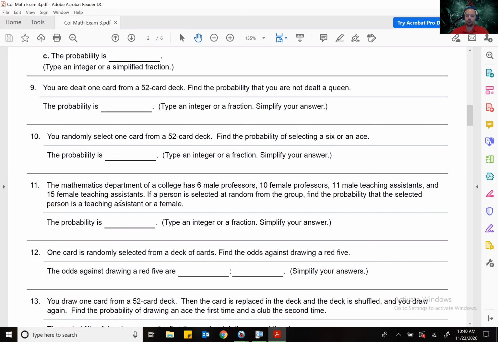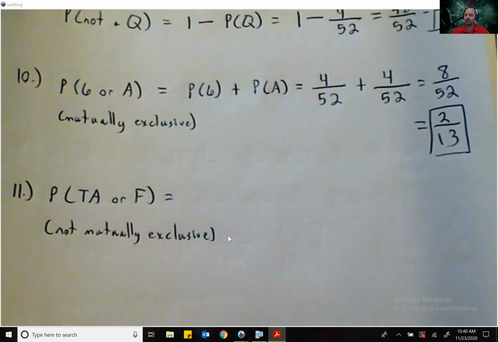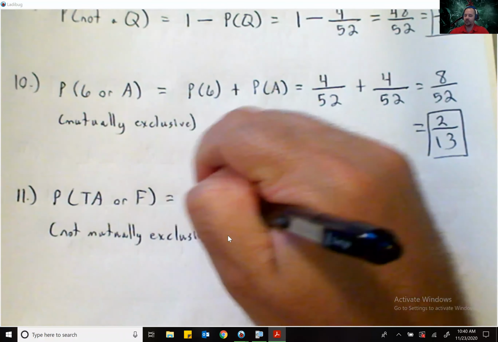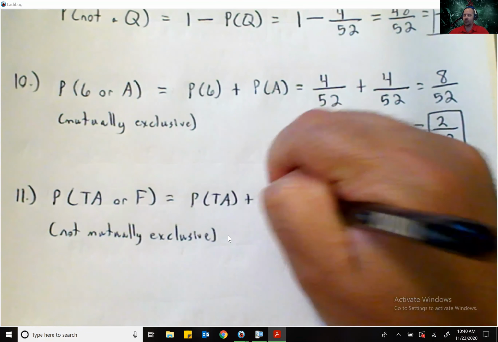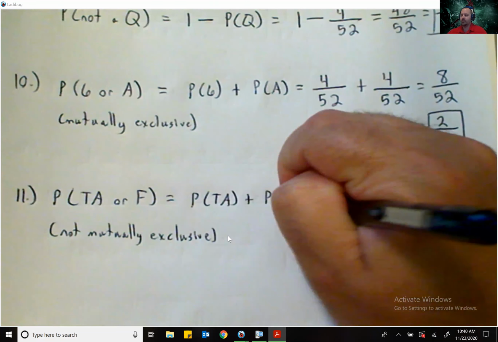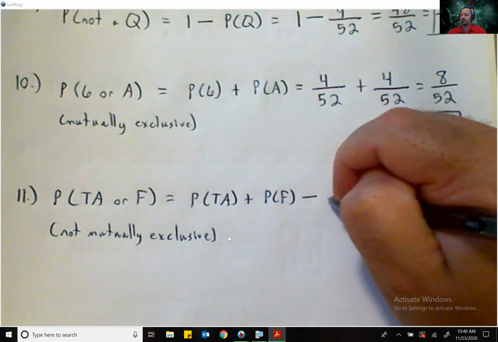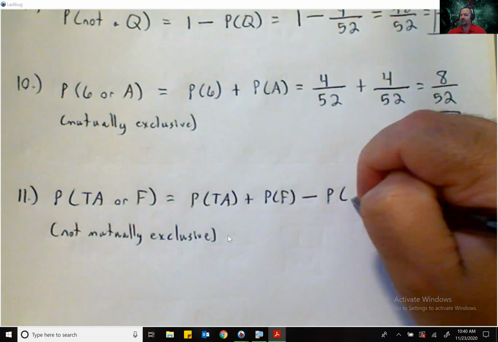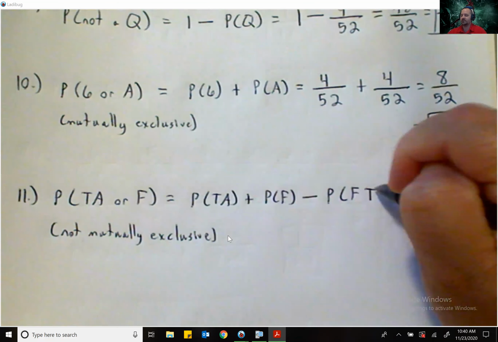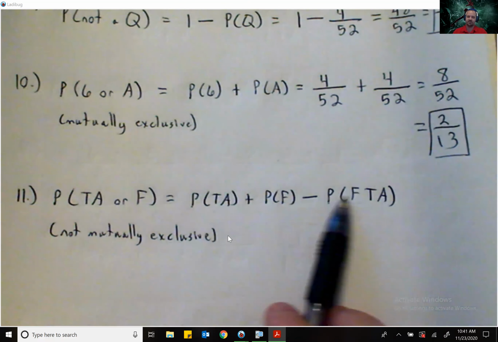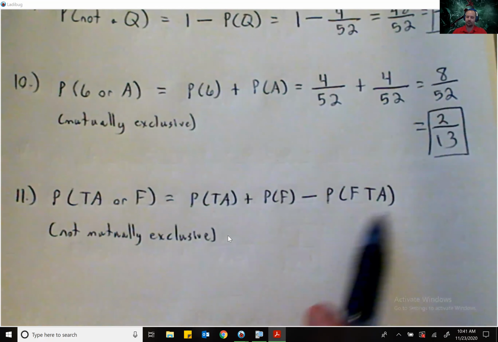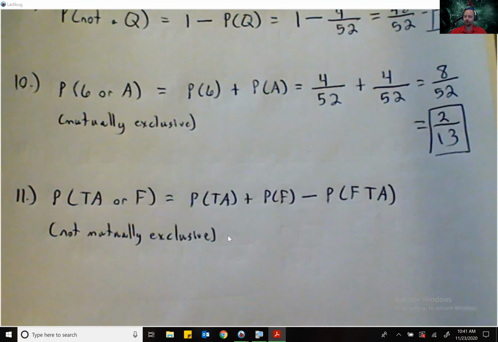So that means we're going to find the probability of a teaching assistant, add that with the probability of a female, but we have to subtract out the probability of female teaching assistants. Because when we add these two, we're counting these female teaching assistants twice, and we've got to take out the doubles. Okay?